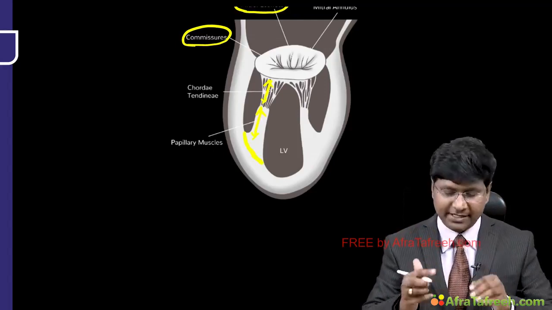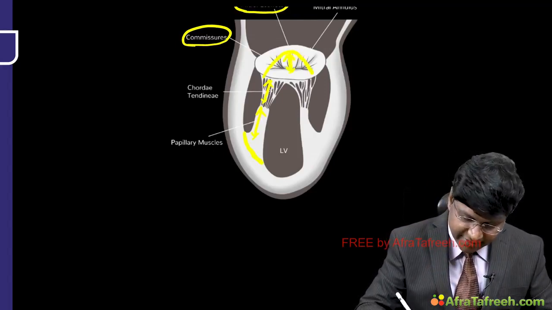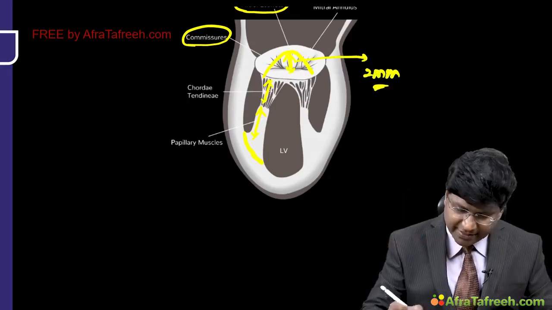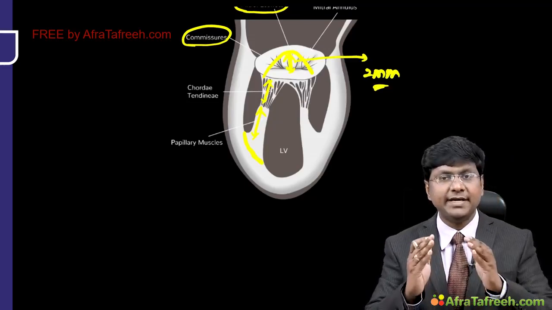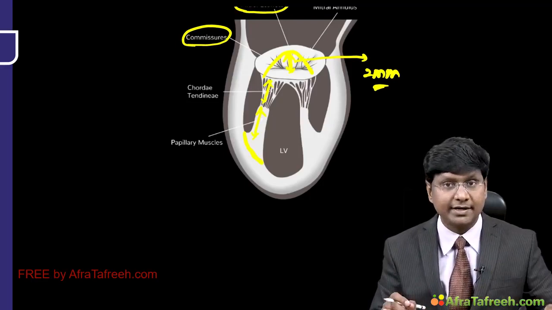Now, whenever the mitral valve is prolapsing, right? How much? This should be a minimum of 2 mm. So when the mitral valve is prolapsing into the left atrium, the mitral valve leaflets are connected to the chordae tendineae.